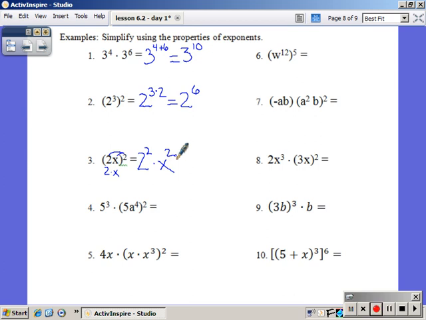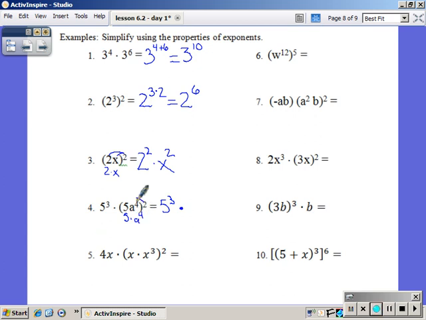A little bit more going on in number 4. Start inside this set of parentheses. Usually we look to get rid of parentheses. No different now. So this 5 to the third will come with me. Well, I have a set of parentheses with an exponent outside. Inside the set of parentheses is a product. That really is 5 times a to the 4th.